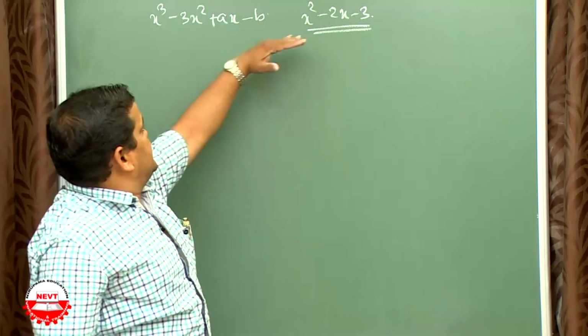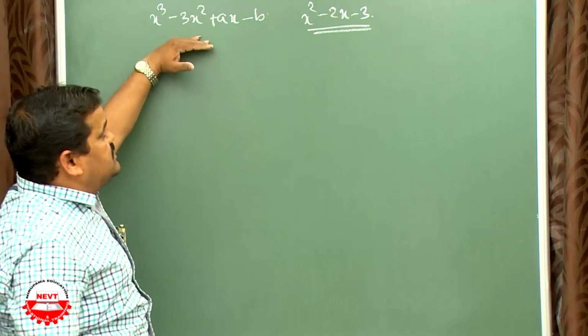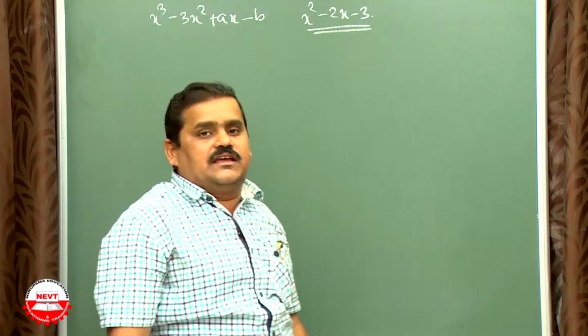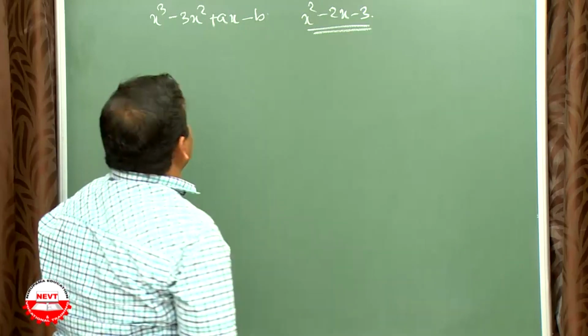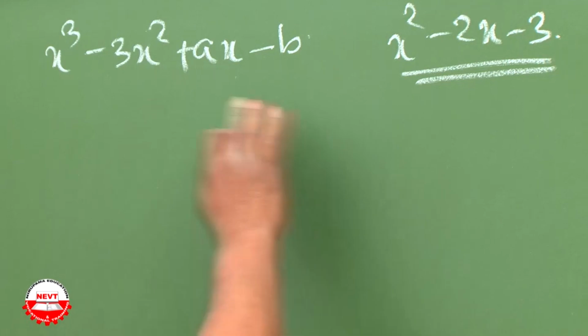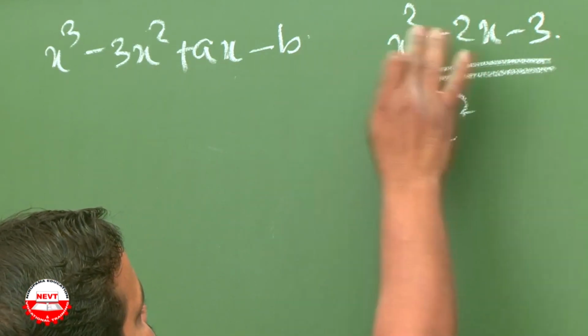If x square minus 2x minus 3 is a factor of this, then find a and b. This is also a most important question, a 4-mark question, okay? So, if this is a factor of this, first factorize this. It is x square, product is minus 3, difference is 2.